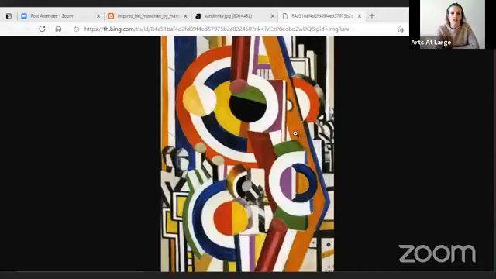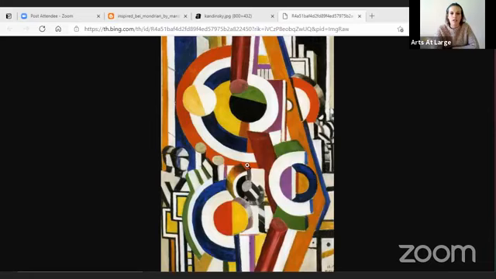So what are we doing first? I am going to show you some images of artists who make geometric work. I'm just going to share my screen so you can see some famous people who have made geometric work in the past. The first one is Freehand.